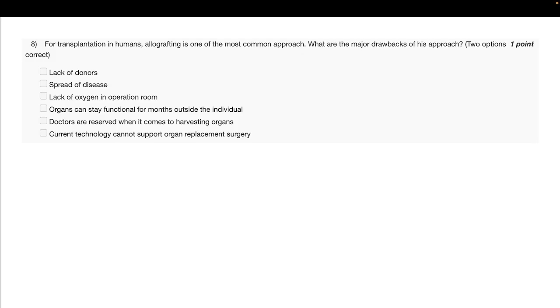Others are also answering as 1 and 2. Anybody else has a different opinion other than option 1 and 2?